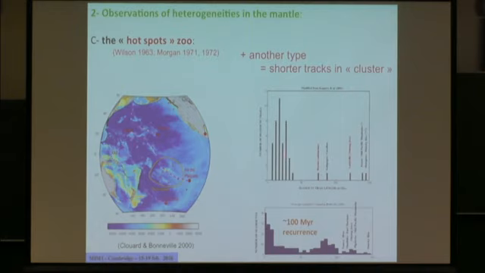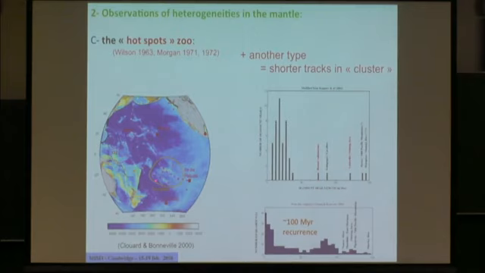But then you have a cluster between 10 and 40 million years long tracks, and presently they correspond to this big South Pacific superswell, because there is also a swell in the topography. So it would be Tahiti, Cook Austral, and so on.